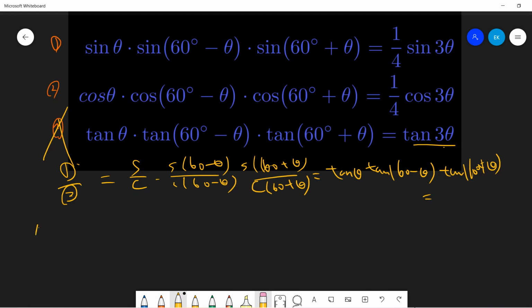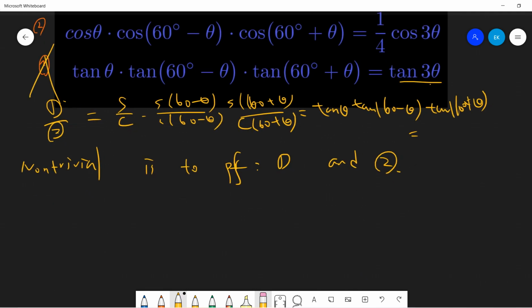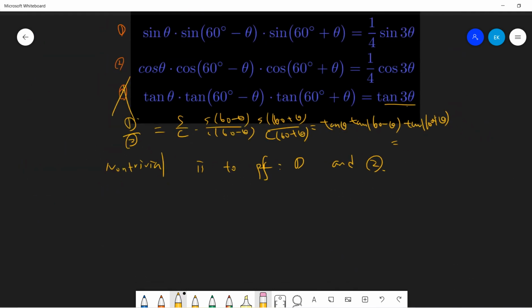The non-trivial ones are the first and the second. Let's recall one famous result that we may use. I will not prove it, but I will leave a video called Chebyshev polynomial if you have not seen it. The formula is that cosine 3 theta is 4 cosine cube minus 3 cosine.